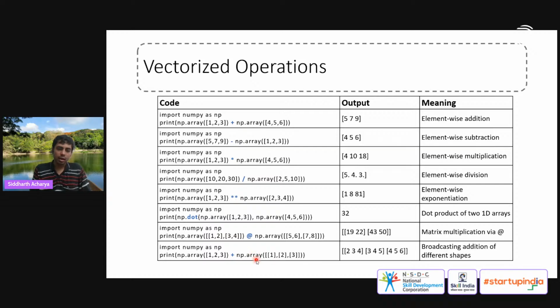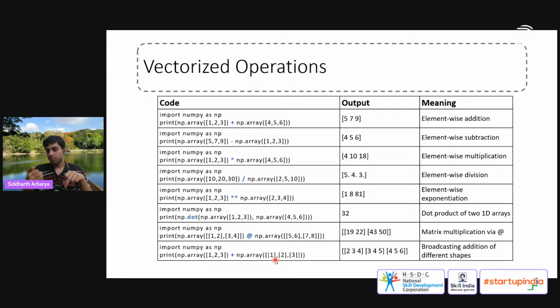So this is broadcasting, addition of different shapes. I have a one-dimensional array and I add it with a two-dimensional array. Think of it like a matrix. I had a row one, two, three, and I first add it with one and create the first row.